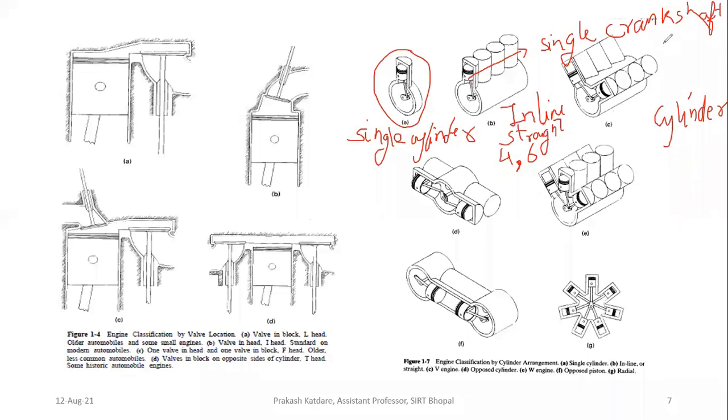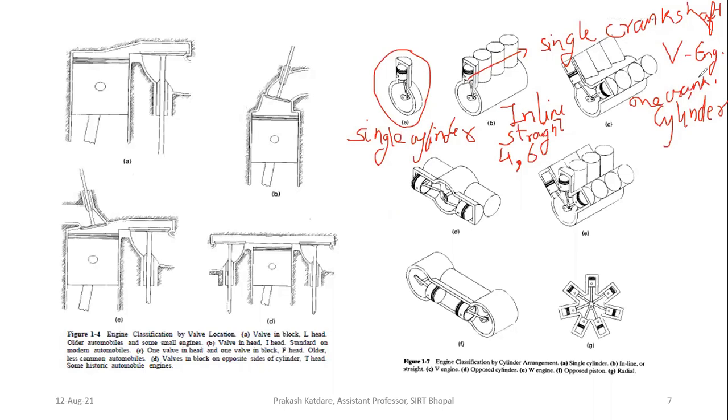Then we have a V engine, in which the cylinders are arranged in a V shape between 2 banks of cylinders which are inclined to each other. They also have one crankshaft. Both these banks will have only one crankshaft.